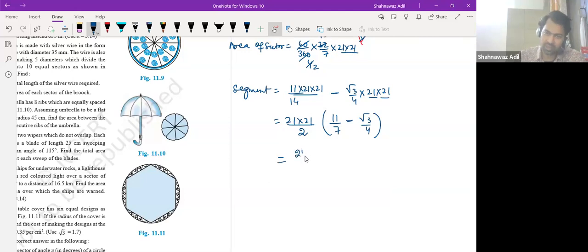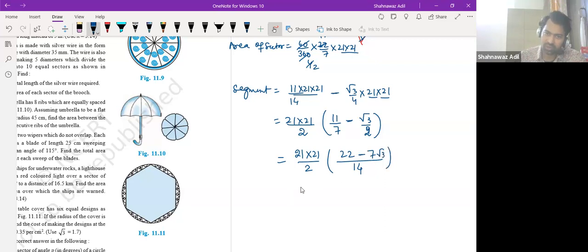So this is 21, 21, and the LCM is 28. This is 14, 22 minus 7 root 3.